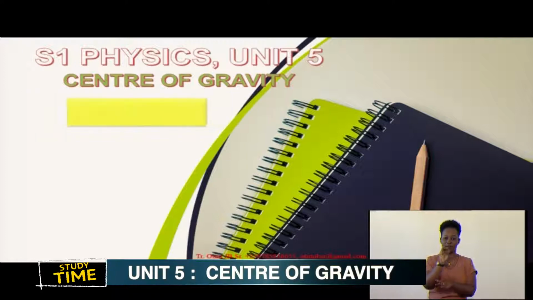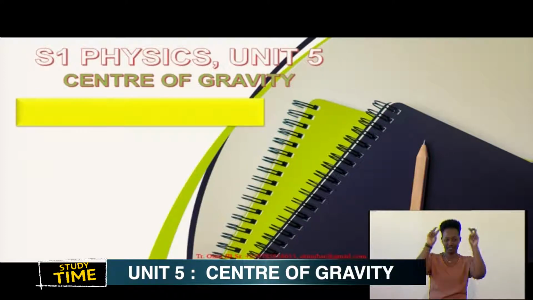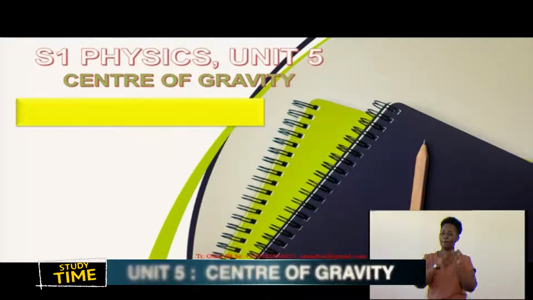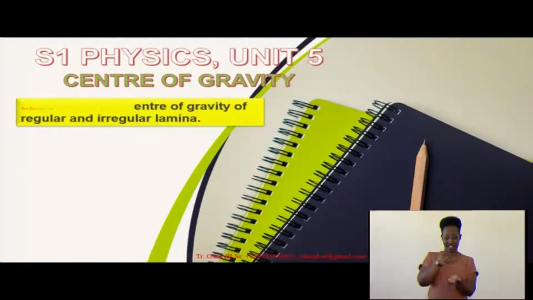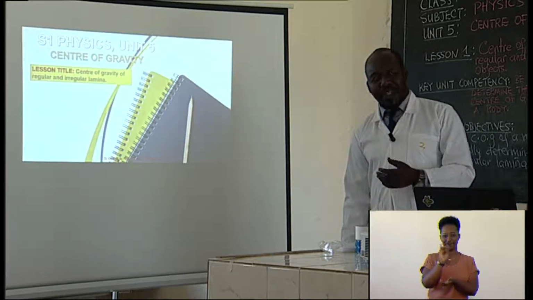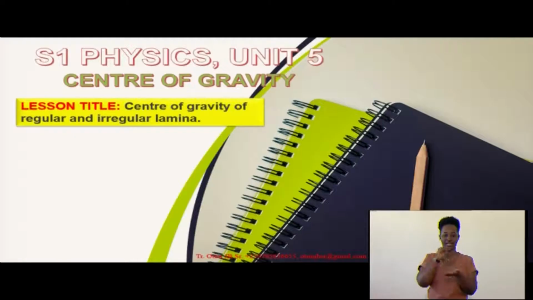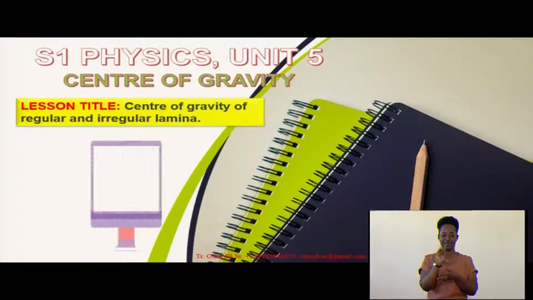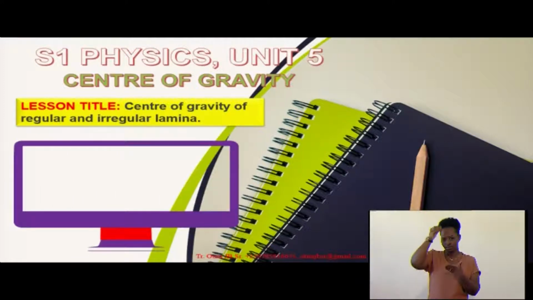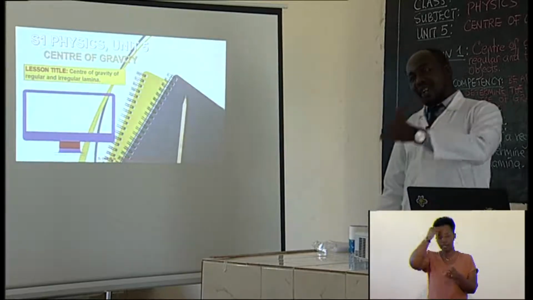And what does Unit 5 talk about? Unit 5 talks about the center of gravity, okay? Center of gravity. I believe it is a new word to you, but we are going to learn more about center of gravity. So our lesson today is about the center of gravity of irregular lamina and regular lamina.